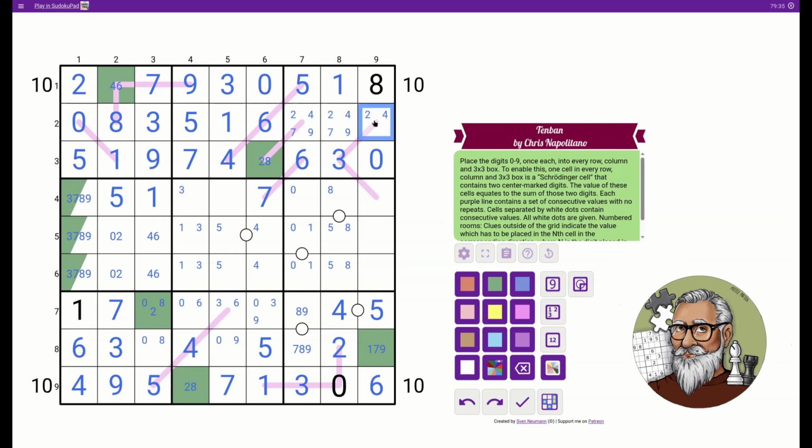Right, what is that? Two, three, four, or 4, 5, or 2, 3, 4, or 3, 4, 5.